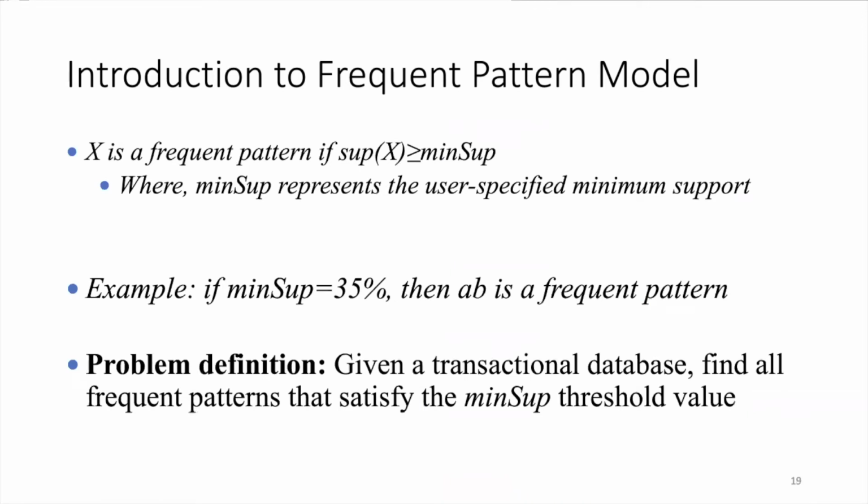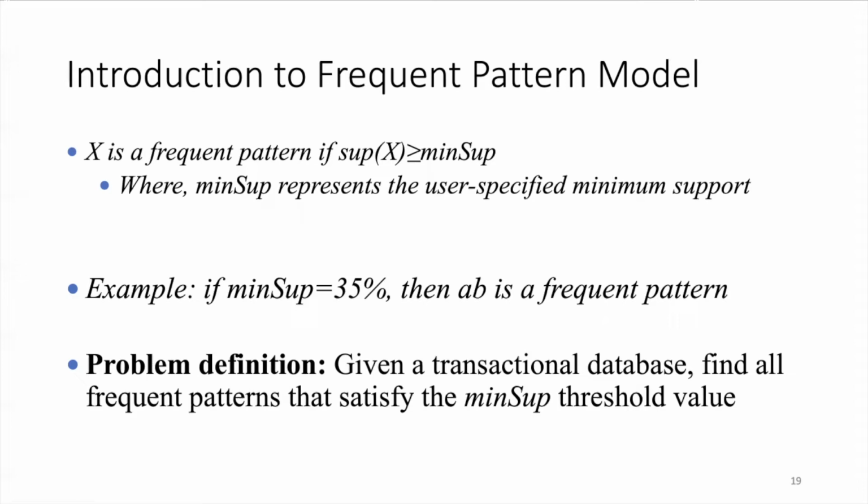Now we say that a pattern is frequent if its support is greater than or equivalent to the user specified minimum support value. For example, if the min support value is 35%, then we simply say AB is a frequent pattern because its support of 40% is more than the user specified 35% threshold value.